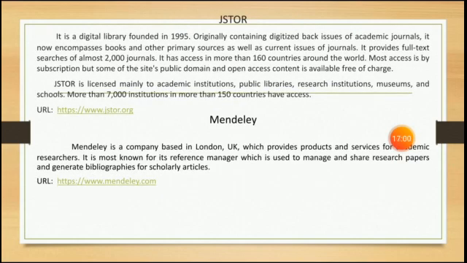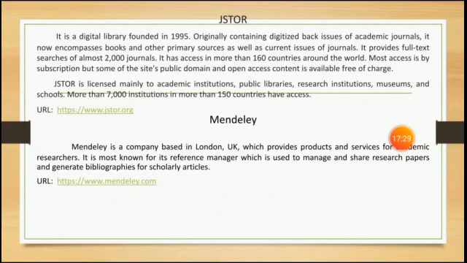Then we have JSTOR. It is a digital library founded in 1995. Originally containing digitized back issues of academic journals, it now encompasses books and other primary sources as well, and the current issues of journals. It provides full text sources of almost 2,000 journals. It has access in more than 160 countries, that is more than 75% of the world.